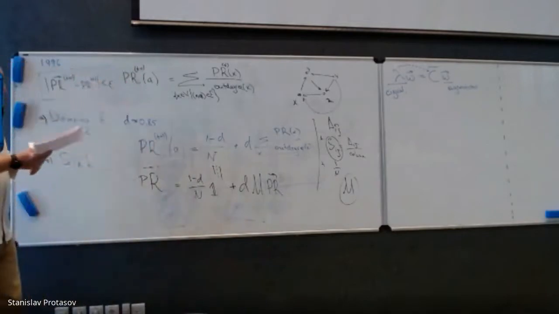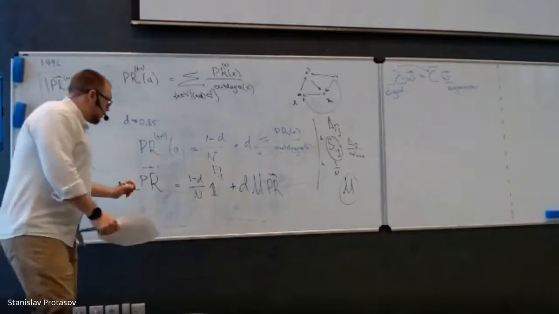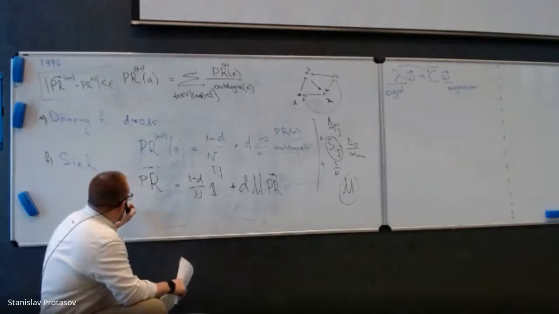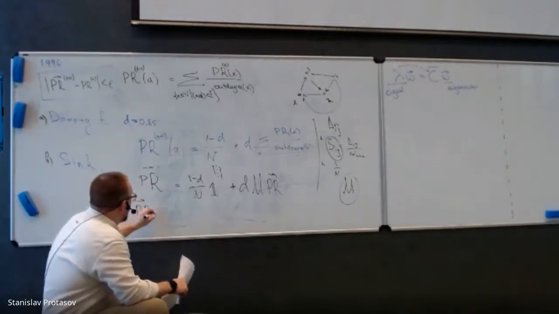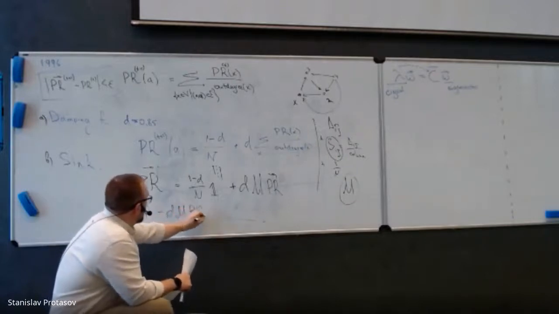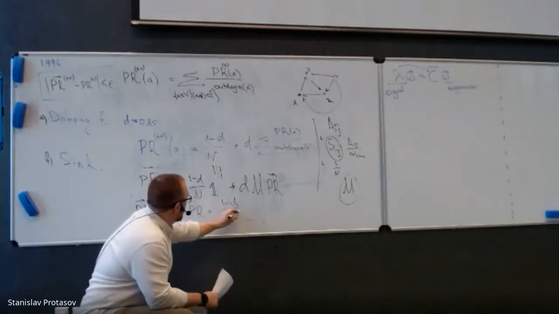And the good student of a linear algebra course will say it is PR minus dM PR equals 1 minus d divided by n.